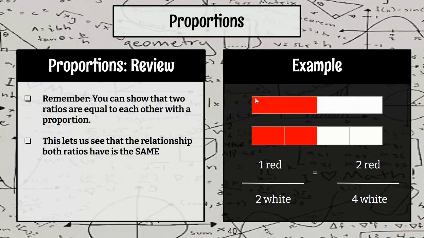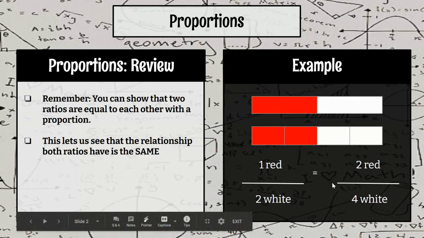Now, if I look at this example, this is an example of a proportion. So I'm comparing red to total here. In this first one, I've got one red rectangle and two total. Now over here, I've got two red and four total.